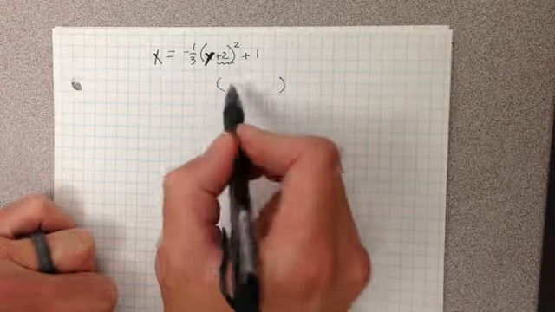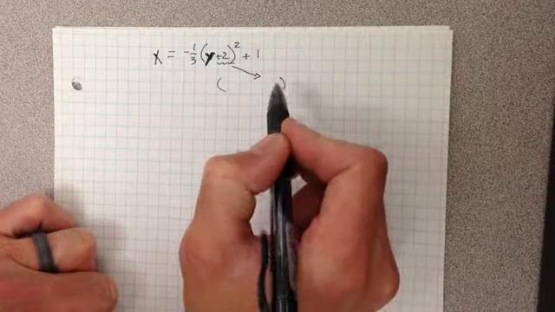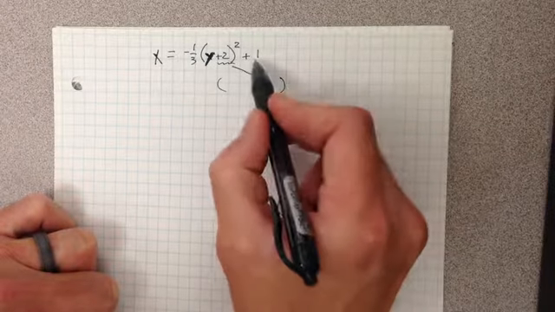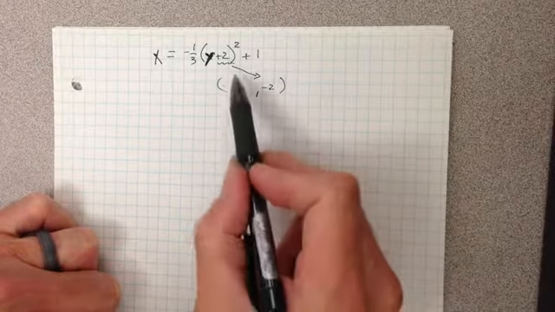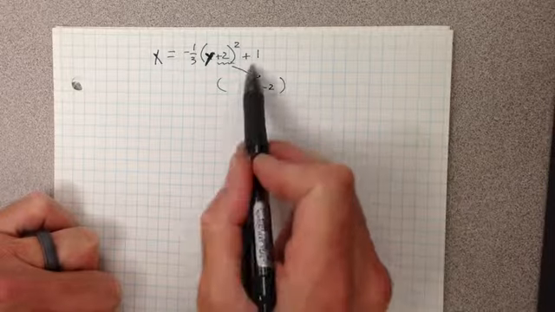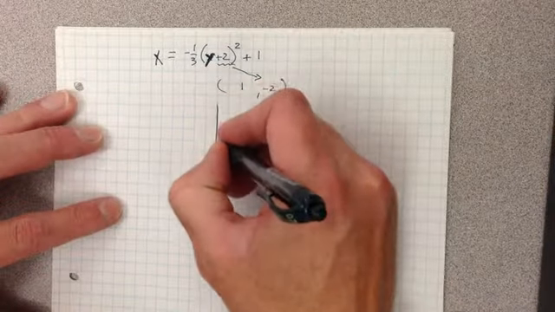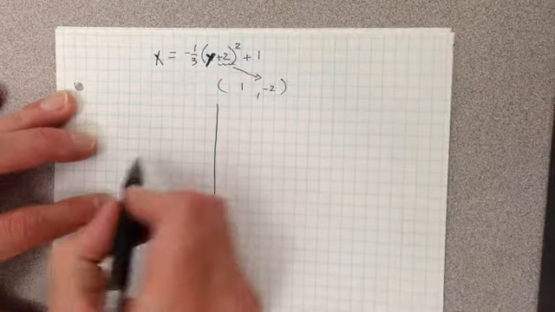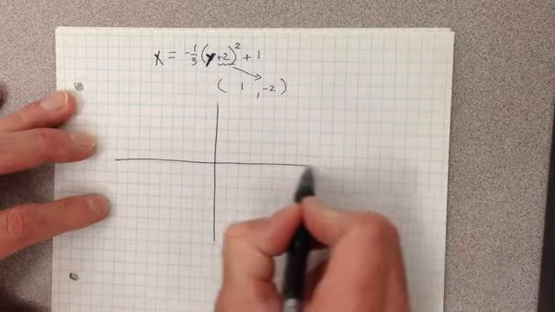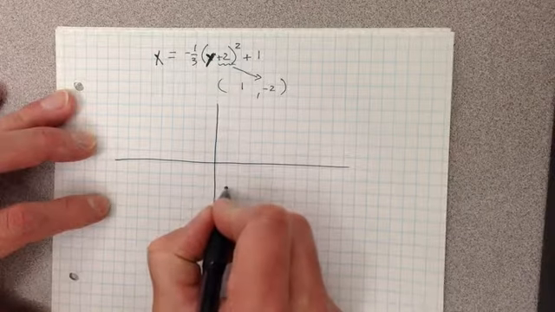So I'm going to take the opposite of what is in here, but instead of putting that up front, I am going to slide that to the back end, negative 2. I will take the same as right here, but instead of putting it on the back end like we normally do, I'm going to put it up front. The vertex is (1, -2).